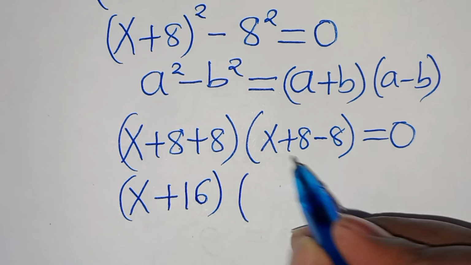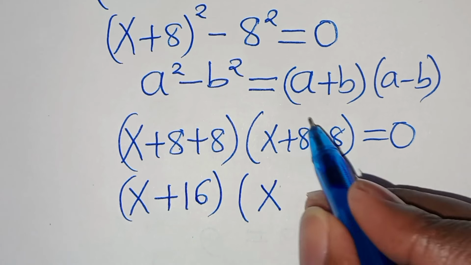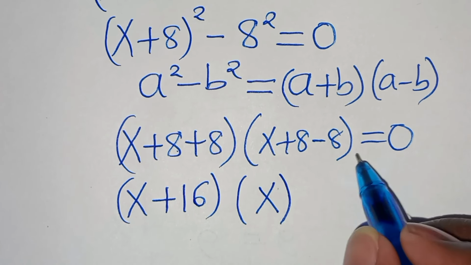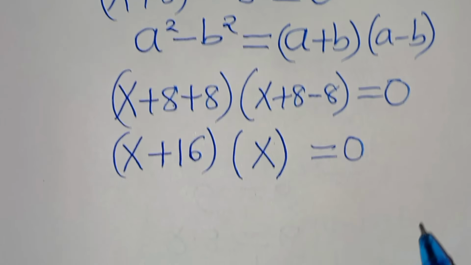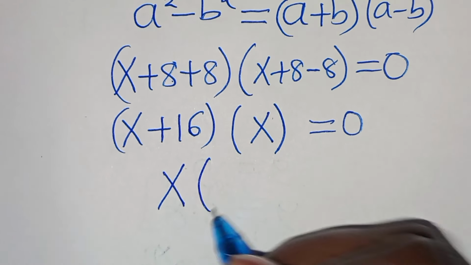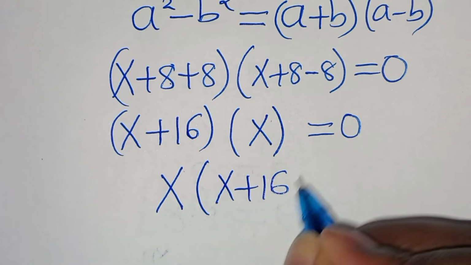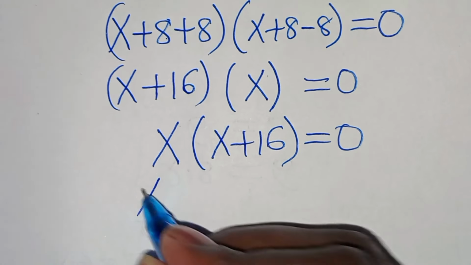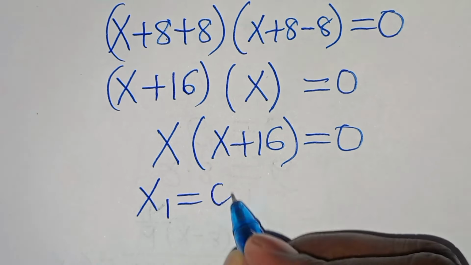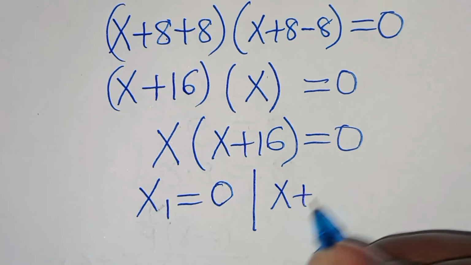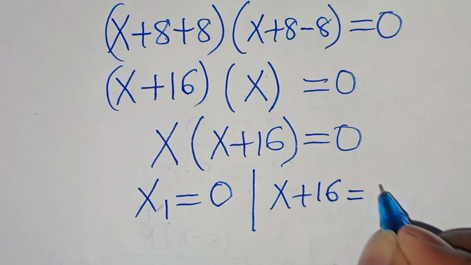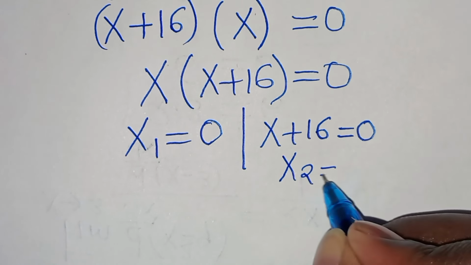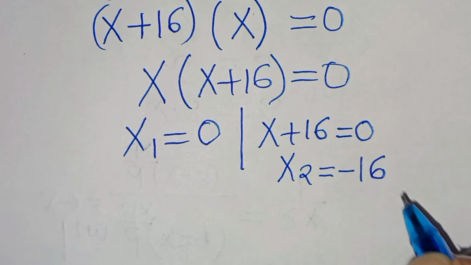Then x + 8 minus 8 is actually equal to x, since 8 minus 8 is 0. So this is the same thing as x(x + 16) equal to 0. So again, x1 will be equal to 0, and x + 16 equal to 0 implies that x2 is equal to minus 16.